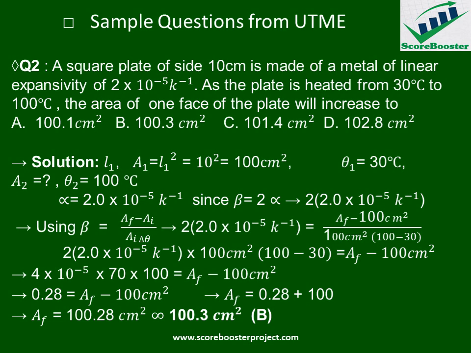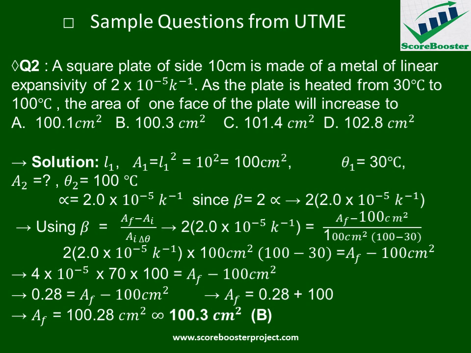Similarly, we can cross multiply. So if you cross multiply, you get 2 into 2.0 times 10 raised to the power minus 5 per Kelvin, then times 100 centimeters square into 100 minus 30, will be equal to AF minus 100 centimeters square.